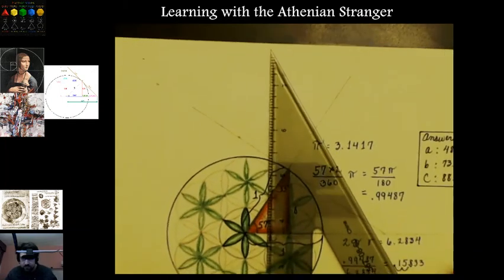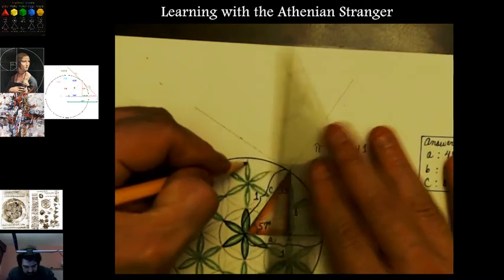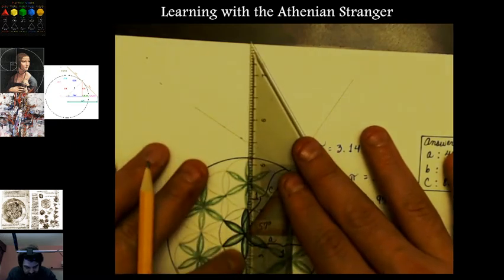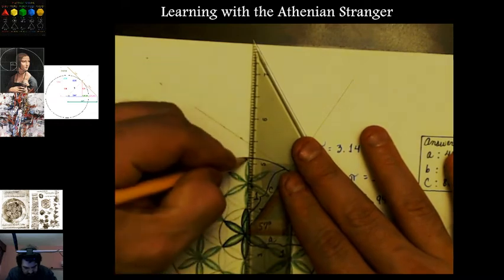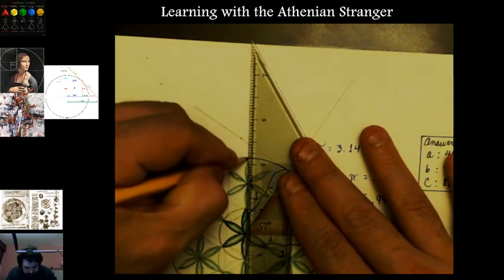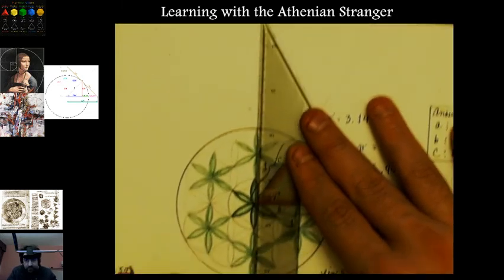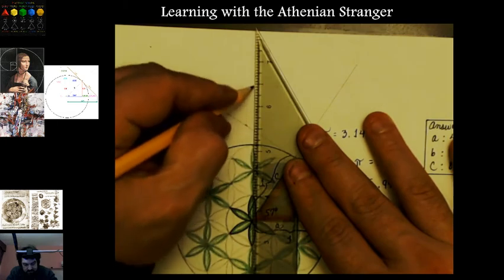So now, in order to complete this tangent system, I need to draw a vertical line going up out of this triangle or circle. So I find points that pass, I can use the sacred geometry of the flower petals to find points that pass through all those flower petals. See? I'm going to make a perfectly vertical line.